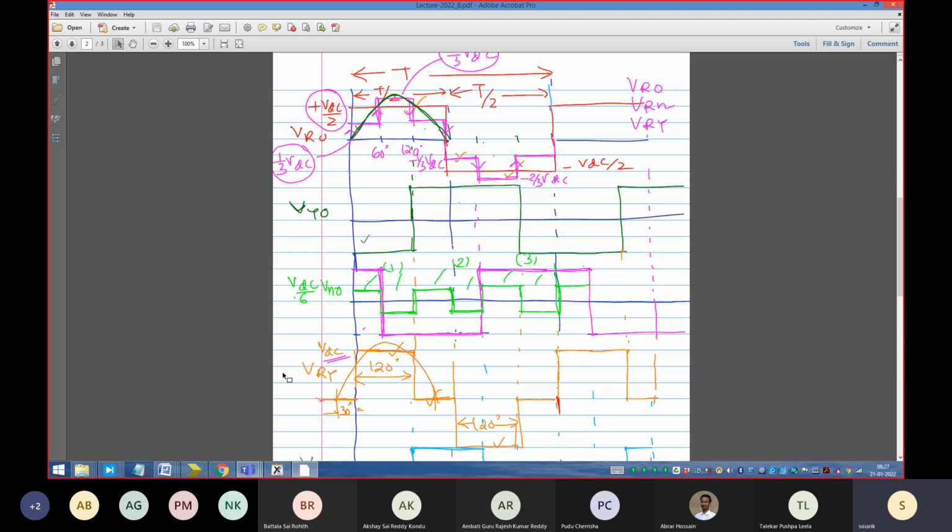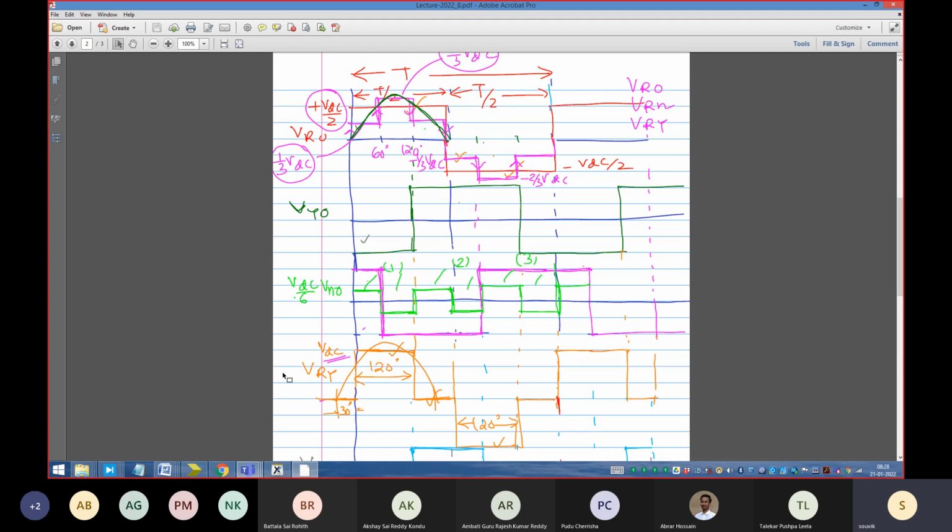But then the symmetry will be lost, and we will have both sine and cosine components. So I have to calculate both AN and BN components, which is cumbersome. Instead, I retain the odd wave symmetry of this waveform if I just shift my phase reference by 30 degree in the leading direction.